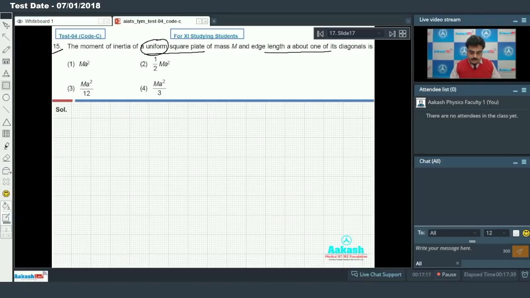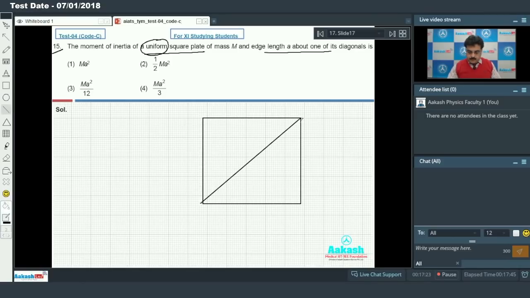Suppose this is the square plate and these are two diagonals. If I consider this diagonal along the x-axis and this diagonal along the y-axis, and perpendicular to the surface, this is our z-axis. The z-axis means perpendicular to the plane.